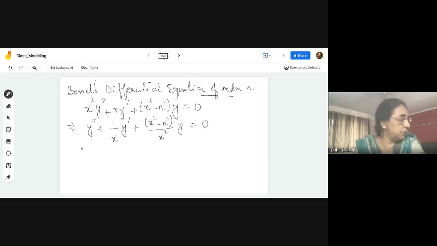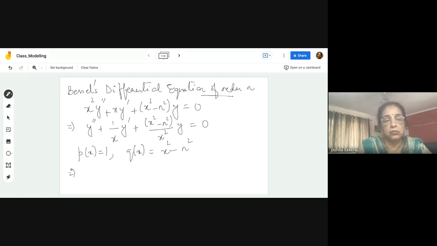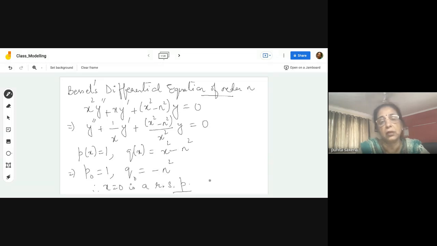If we compare with the standard equation, your p(x) is 1 and q(x) is x² − n². As a result, your p₀ is 1 and your q₀ is −n². So we are sure that x = 0 is a regular singular point for this equation.